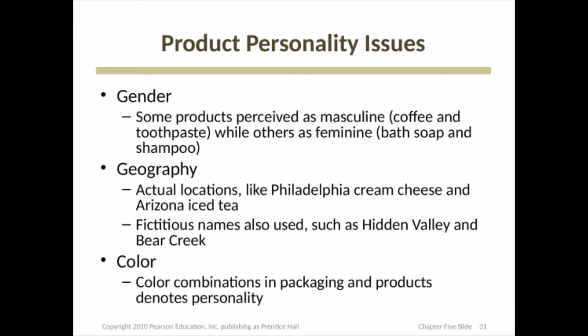Or sometimes they perceive, for example, toothpaste and coffee as male, and for example soap and shampoo as female. Okay, so sometimes the personality of the product is connected with gender.